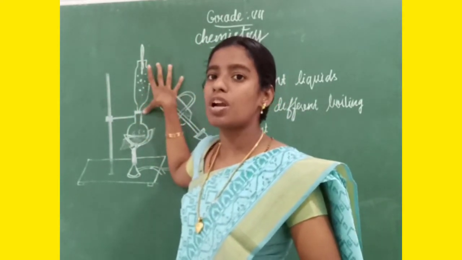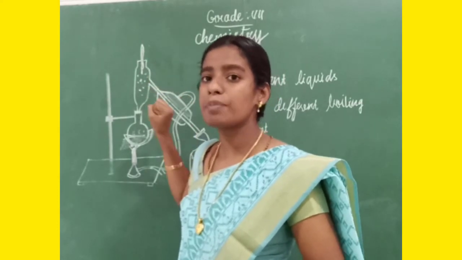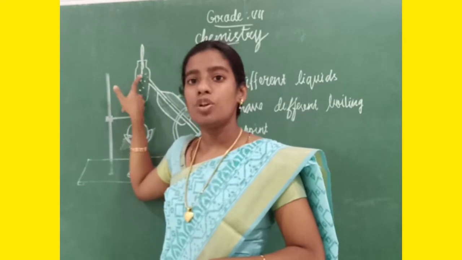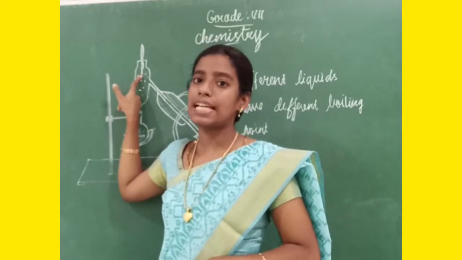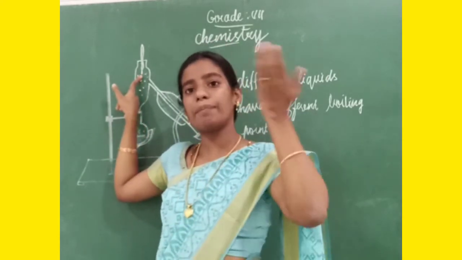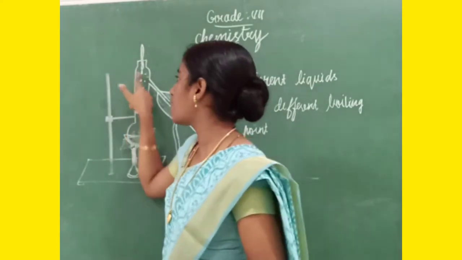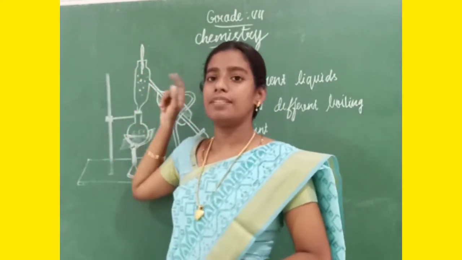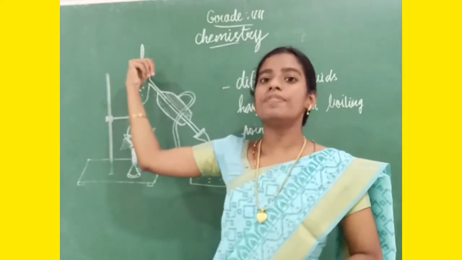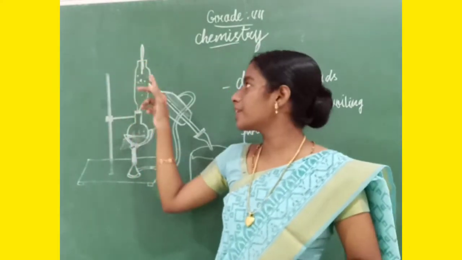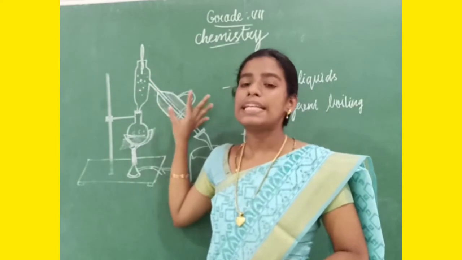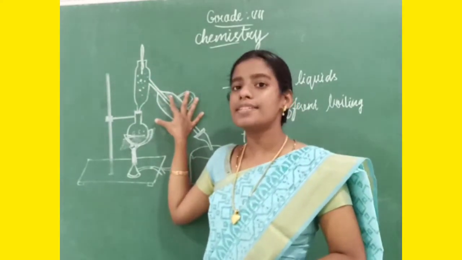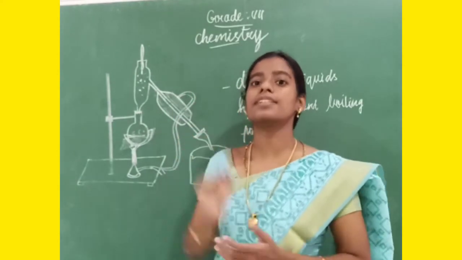This fractional column will hold the higher boiling point gas at the bottom, and the lower boiling point gas, meaning the vapors coming out, will occupy the higher portion. When this liquid with the lower boiling point passes through this tube, it will be condensed using this condenser, and it is collected in this beaker.